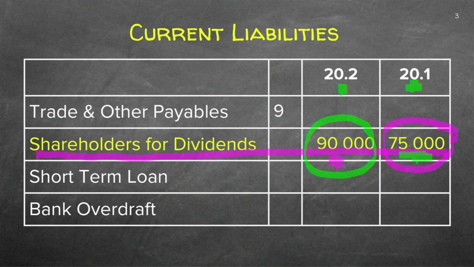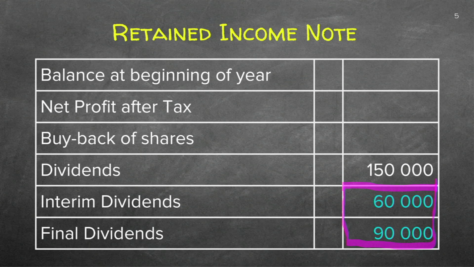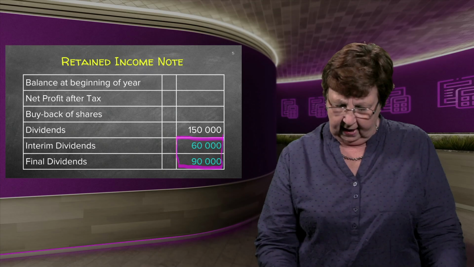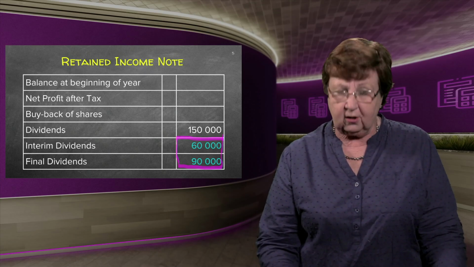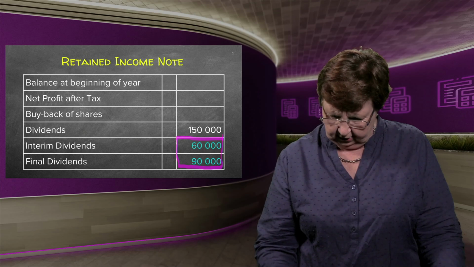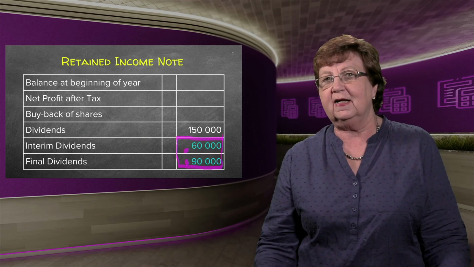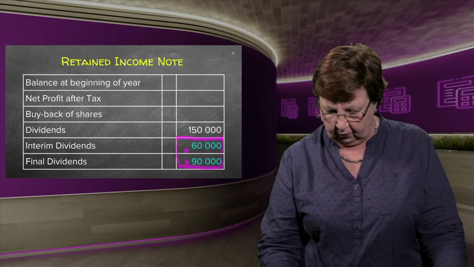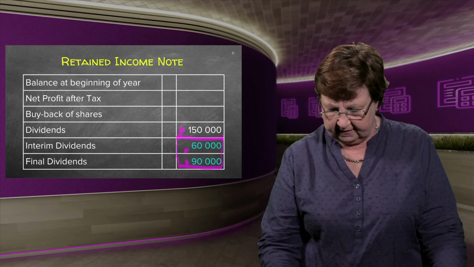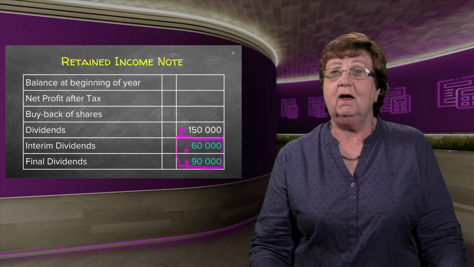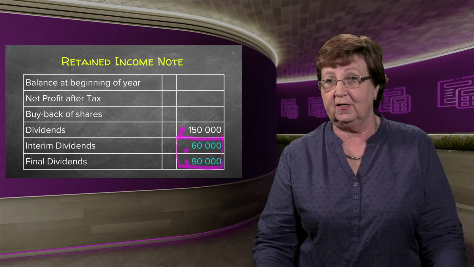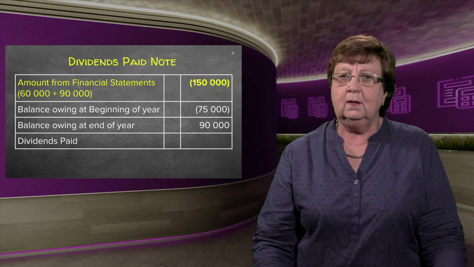And again, if you go back to your balance sheet, you will see that 90,000 Rand was owing over there. So our dividends for the year consist of the interim dividend of 60,000 and the final dividend of 90,000. And therefore, together, the dividends for this year amount to 150,000 Rand.